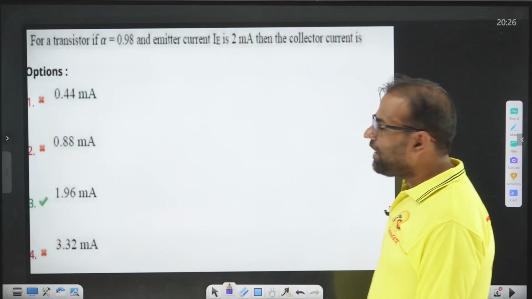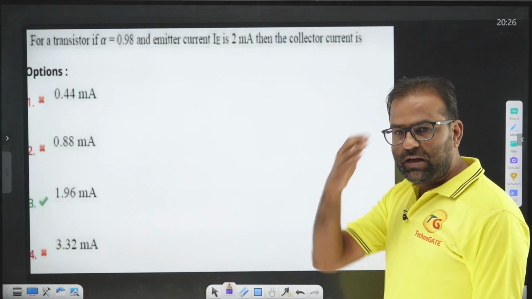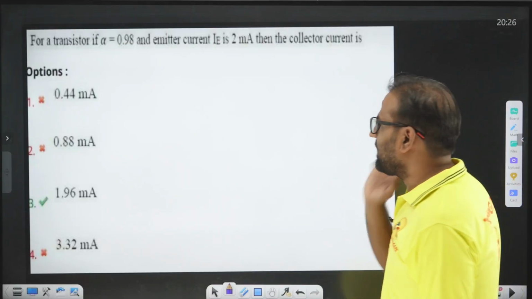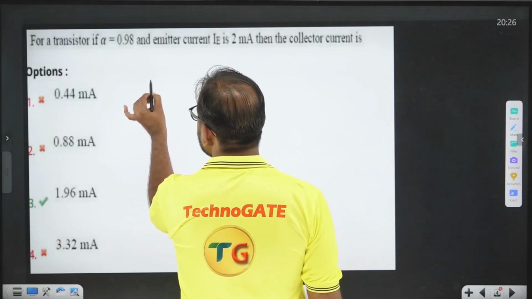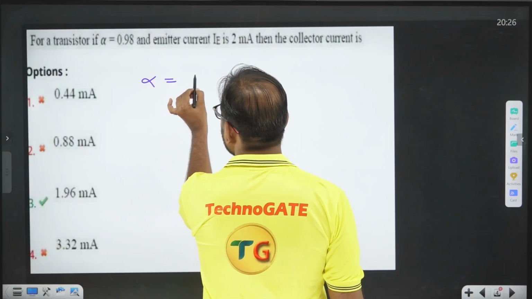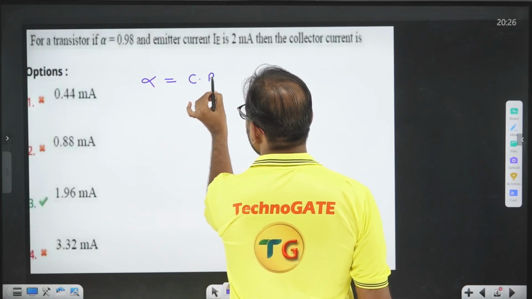If alpha of the transistor is equal to 0.98, what do we understand by alpha of the transistor? Alpha of a transistor is known as common base current gain.